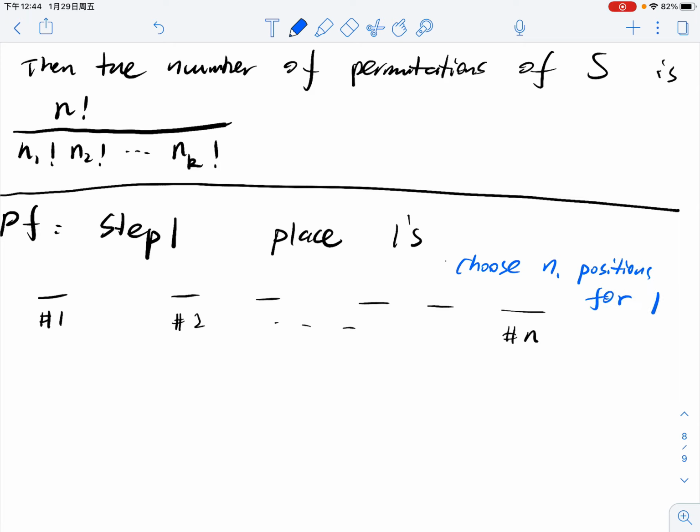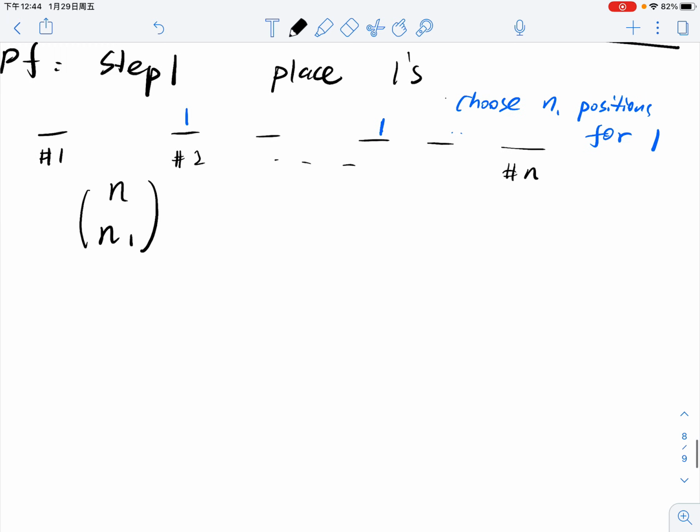For example, you choose this one, put in 1, choose this one, put in 1, and so on. If some position you are not choosing, you just leave it blank. How many ways do you have? This is n choose n1.